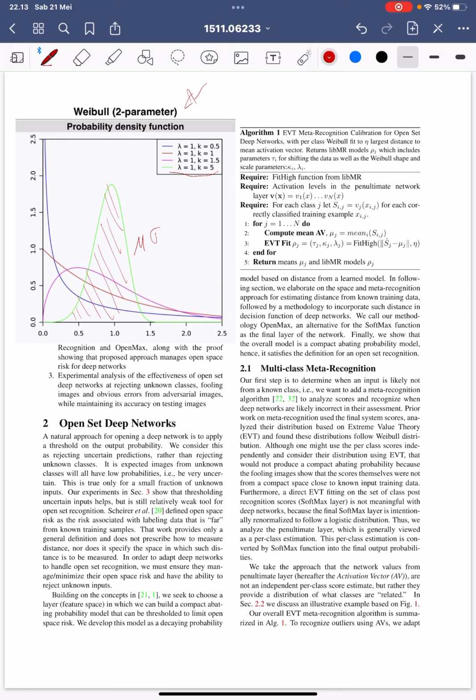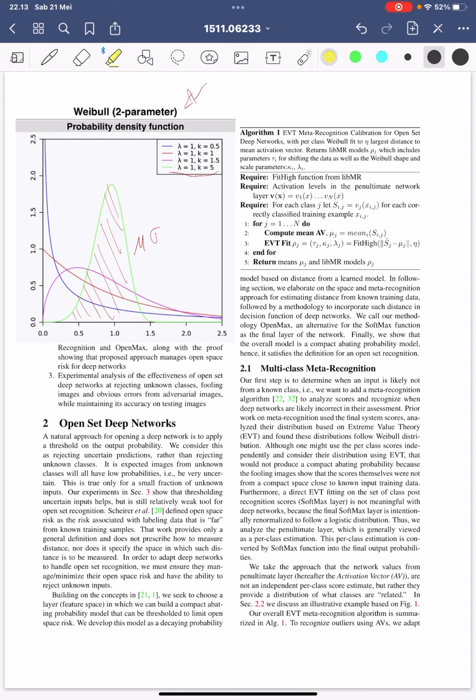It provides a different curve of the distribution. So at this point, we utilize several numbers, the total numbers of the distances between the mean of the activation factors of each class and the samples.